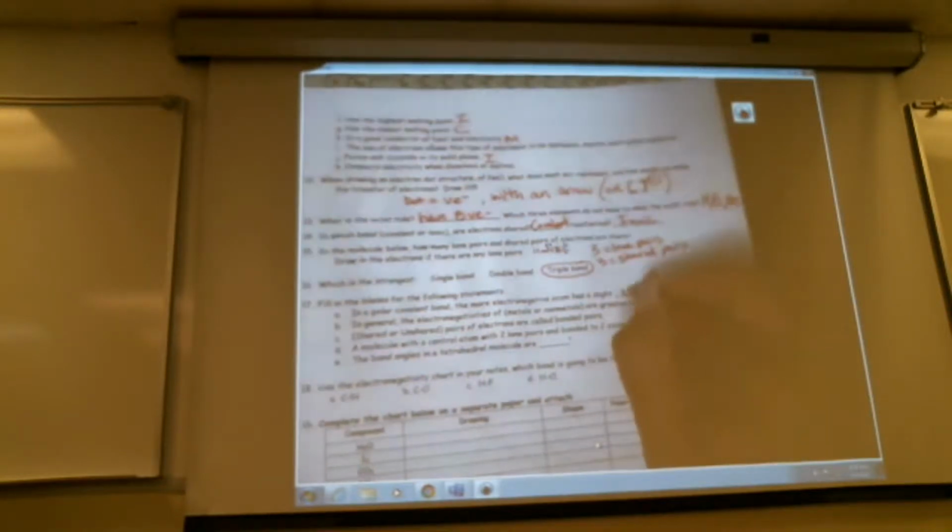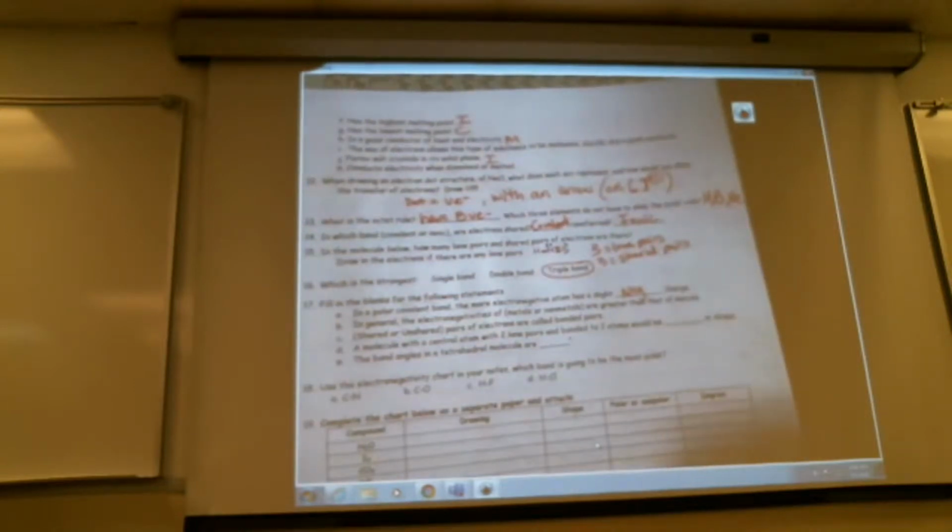Which is the strongest between the single, double, or triple? Triple. And fill in the blanks in these statements. A polar covalent bond is more electronegative atoms, has a slight negative charge.